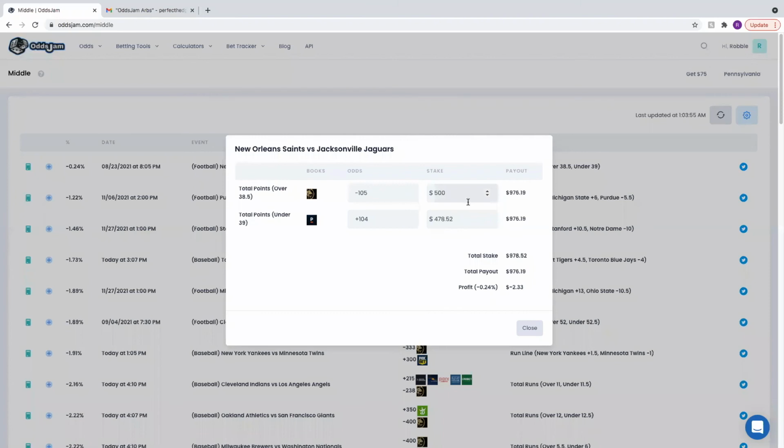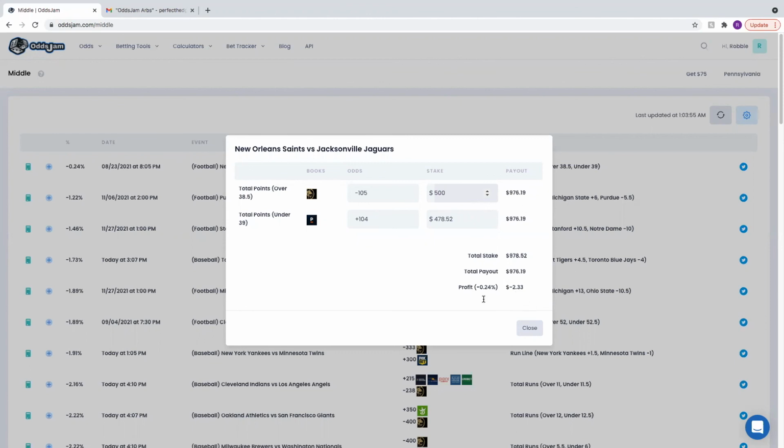So, let's take a look here. You bet 500 on this side, and then 478.52 is the offset at plus 104. You lock in a $2.33 loss, no matter the outcome. However, if the outcome is exactly 39, this pushes and you win the difference of this, which is $476.